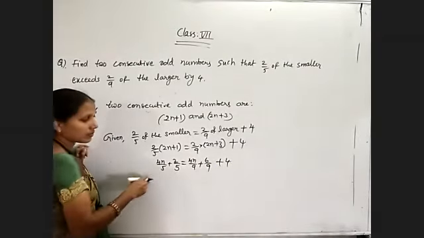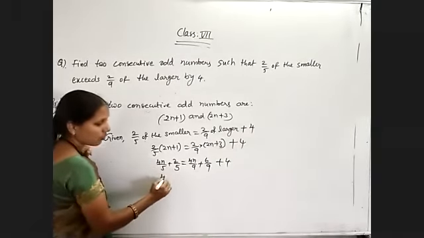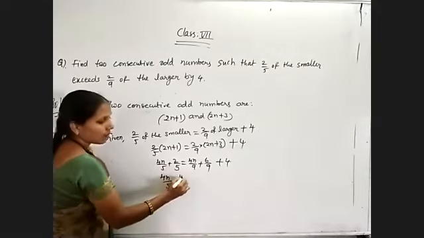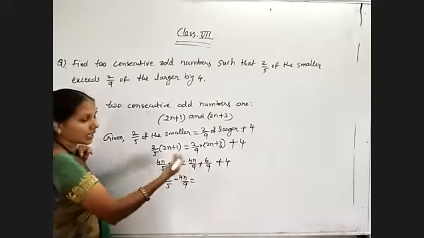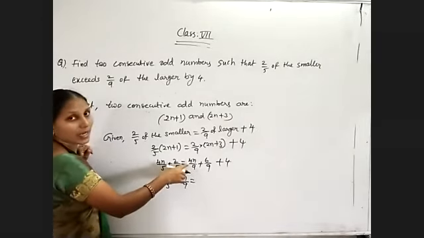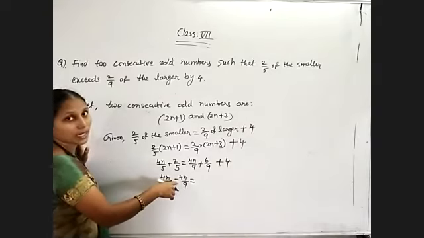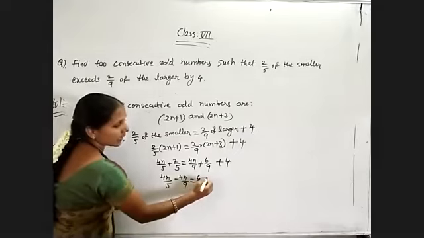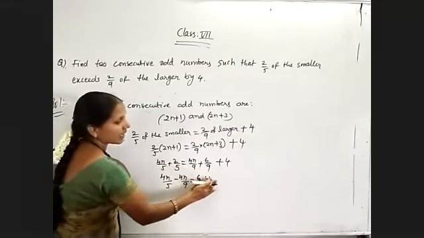Now bring n terms to one side and constant terms to the other side. 4n by 5 minus 4n by 9, because it is at RHS, I am bringing it to LHS, so it becomes minus 4n by 9. Now, what are the remaining numbers at RHS? 6 by 9 plus 4, plus 2 by 5 will become minus 2 by 5.